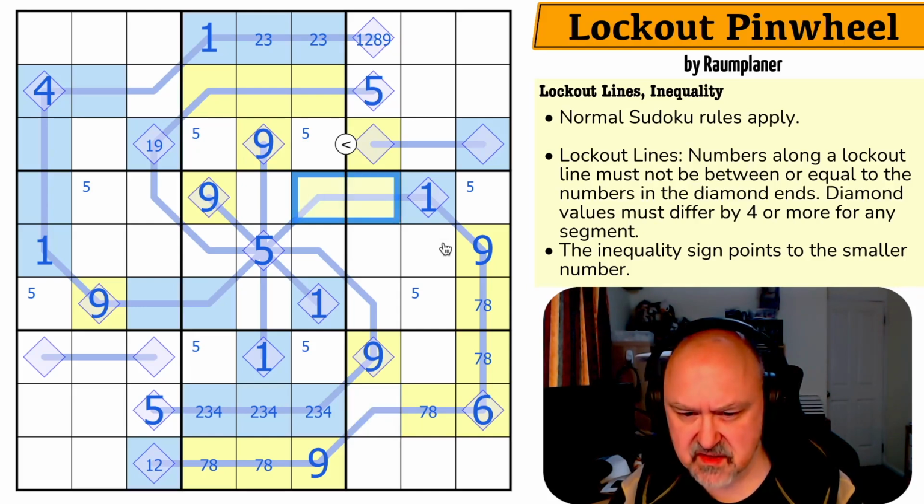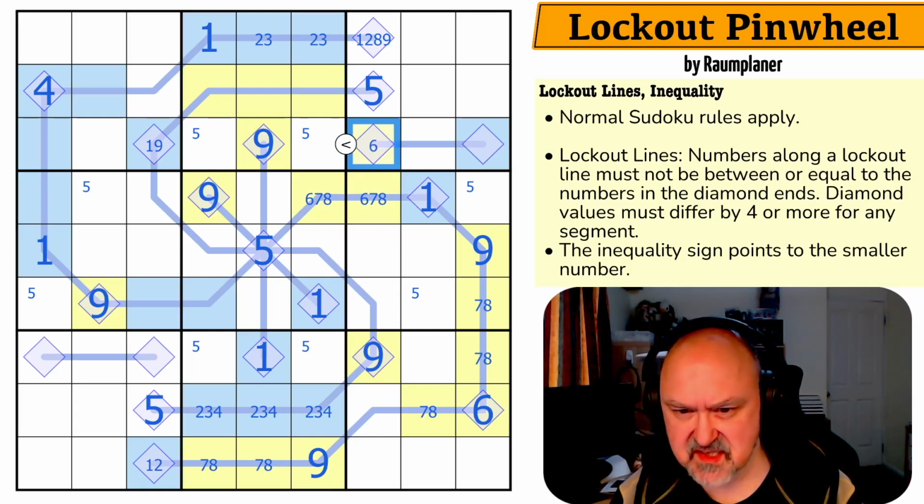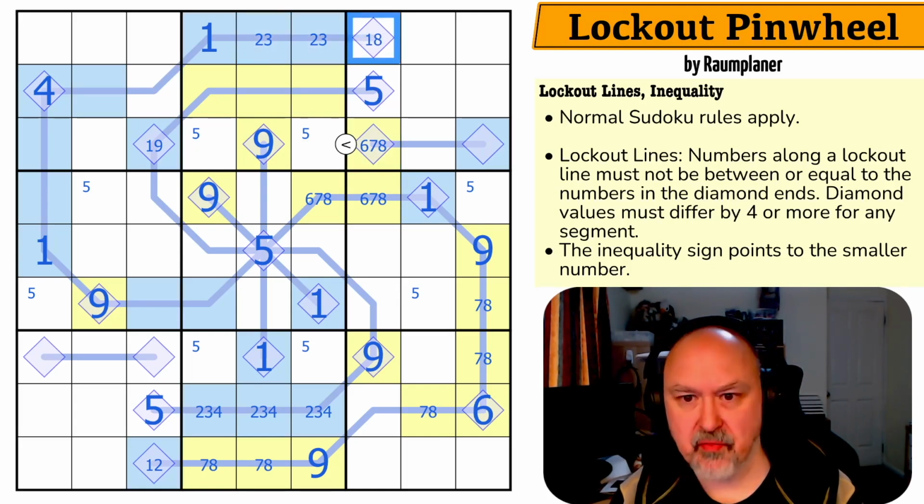So these are 6, 7, 8. This is 6, 7, 8, isn't it? That's not a 9 anymore. 2, 3 means that's not a... Oh, that's just an 8. Is that right? Yeah, that's just an 8, which makes that a yellow digit.